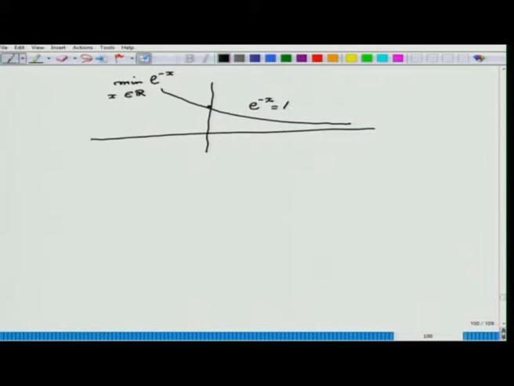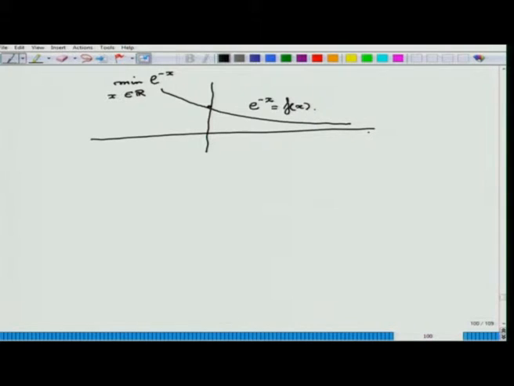If you draw the graph of this function, at 0 it is 1 and then it exponentially goes down towards 0, very bad looking drawing. So, this is the functional value, e to the power minus x is f of x.